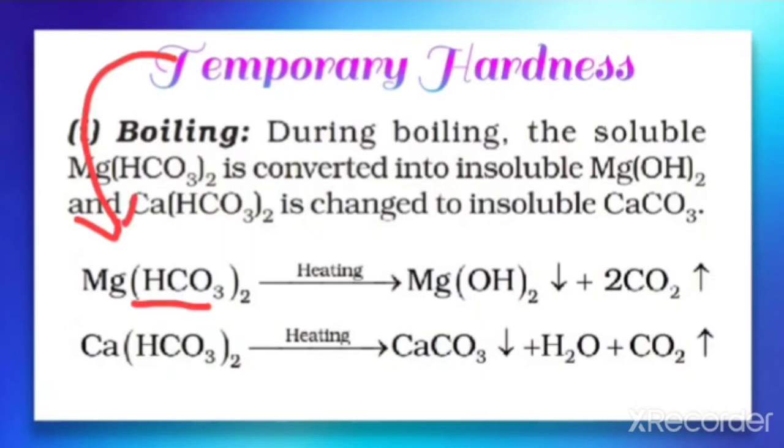So when we heat the water, that is when it is boiled, magnesium bicarbonate is converted into insoluble magnesium hydroxide, and calcium bicarbonate is converted into calcium carbonate. So by this method, bicarbonates get converted into hydroxide and carbonates.